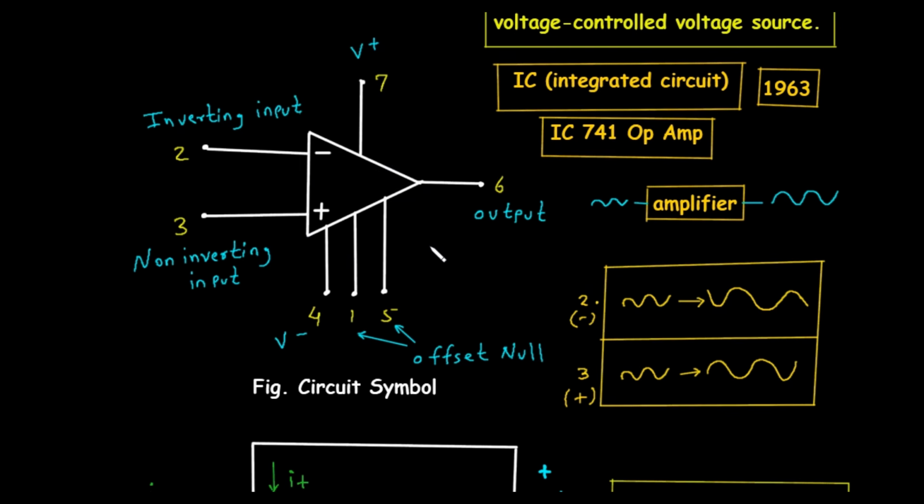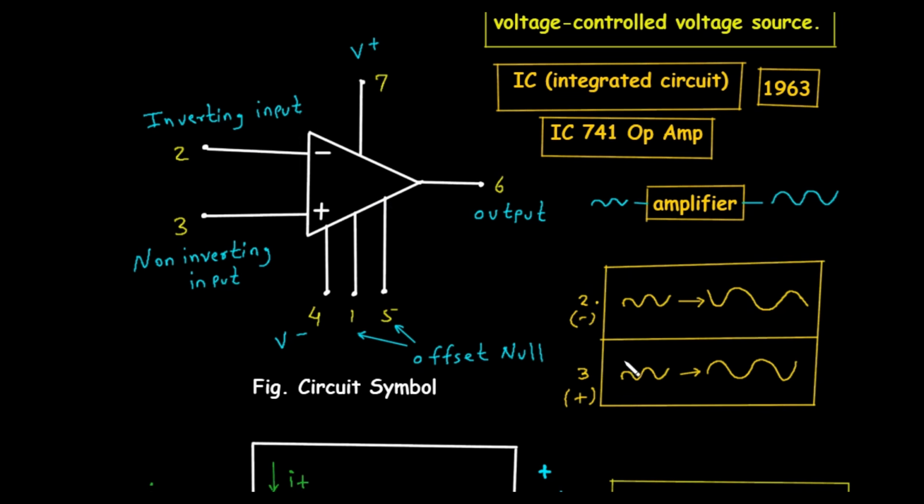So the diagram also shows how the inputs affect the output. A sine wave going into the inverting input. Here we can see this is the inverting input, and we are getting the 180 degree phase shift. That means we are getting an inverted output from this inverting input terminal.